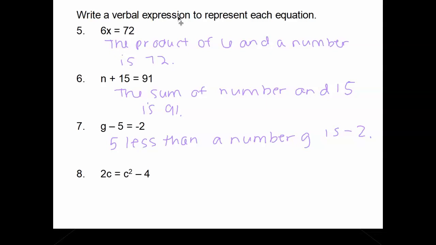But if you said 10 less than 5, now you have -5 as your answer. Does that make sense? If you use the word difference, you would say the difference of G and 5. So if you use the word difference, the variable does come first.